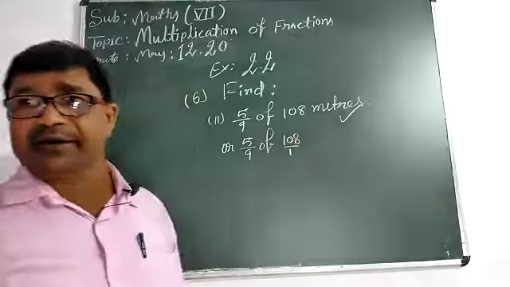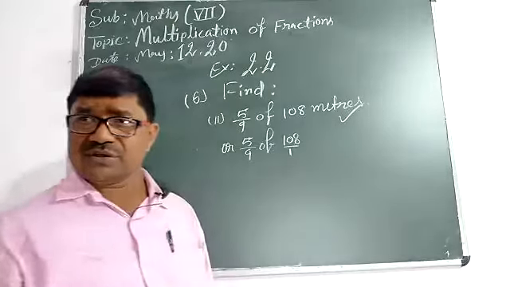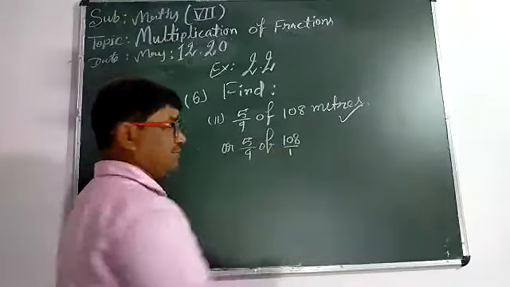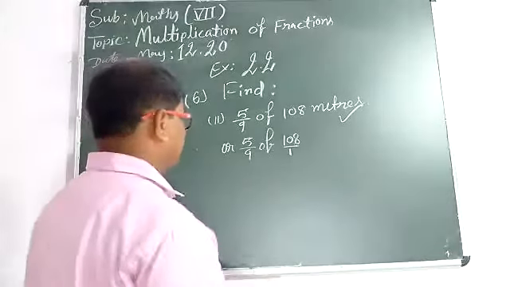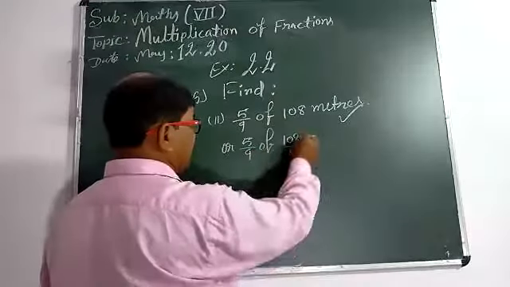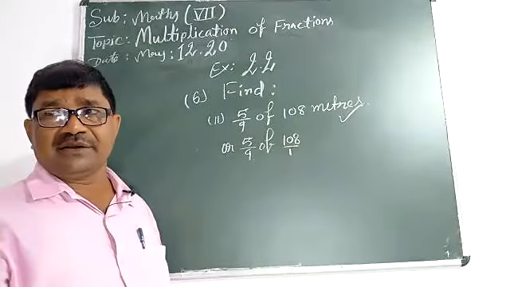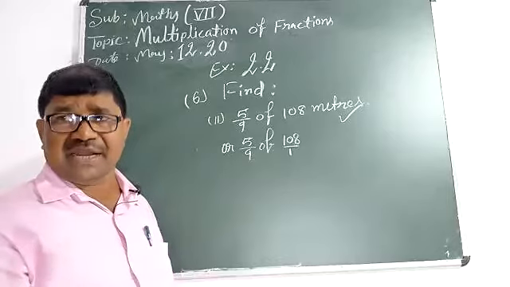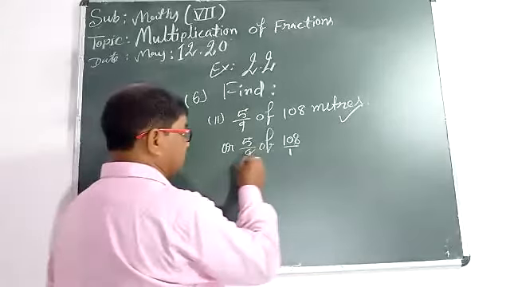Now, we should select the common divisor between 1 and 5. 1 is a multiplicative identity, so don't mind it. Now, between 9 and 108, 108 is the multiple of 9. Am I right? 9 1s are 9.